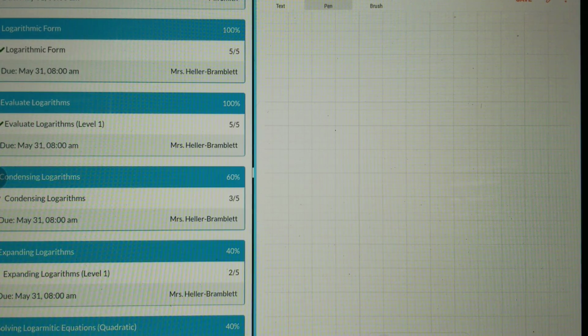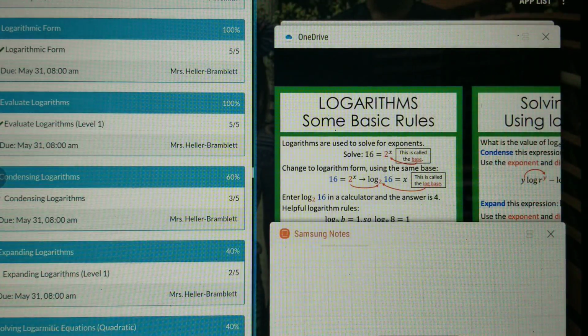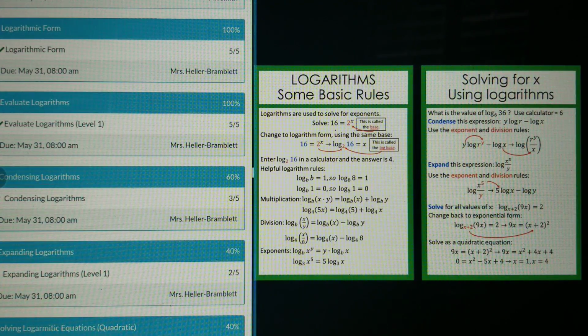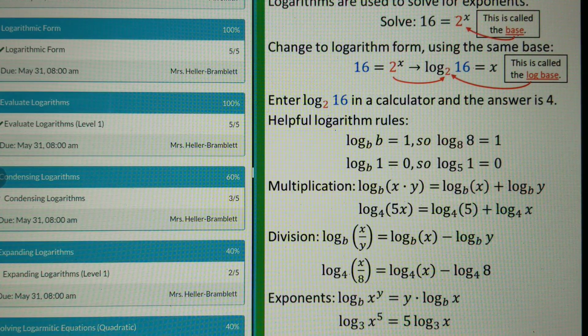So another video here. We are going to work on these two lessons right here, condensing logs and expanding logs, these two guys right here. Before we go into that, I want to point you back to some super helpful logarithm rules that I put on the notes of our blog.